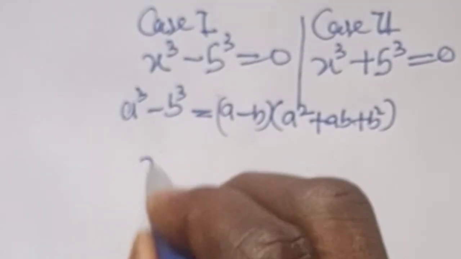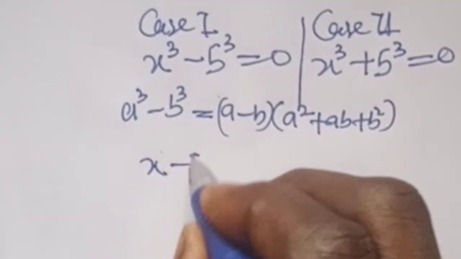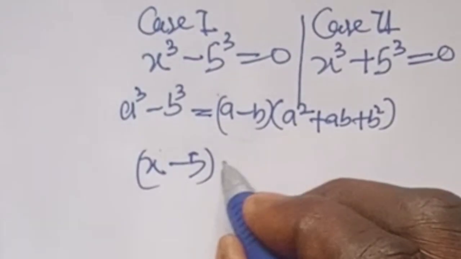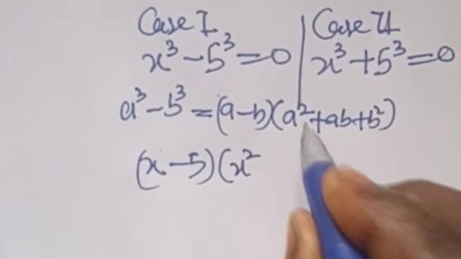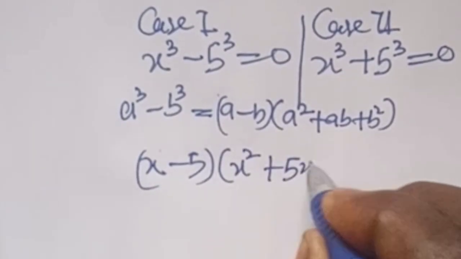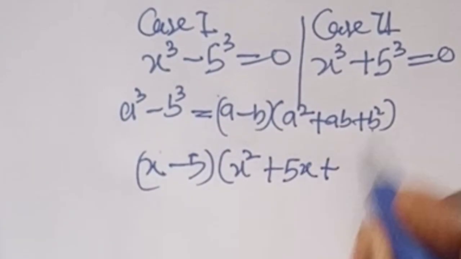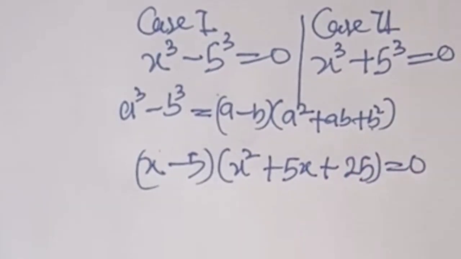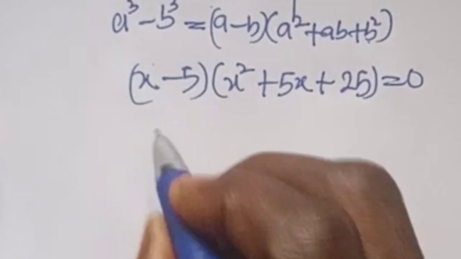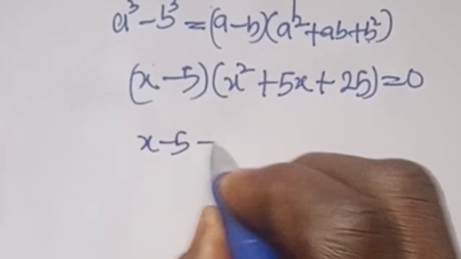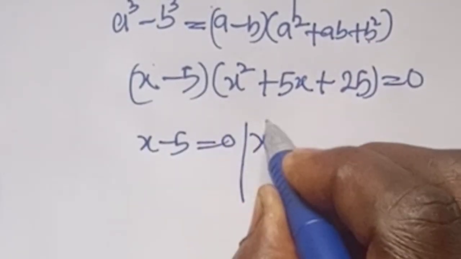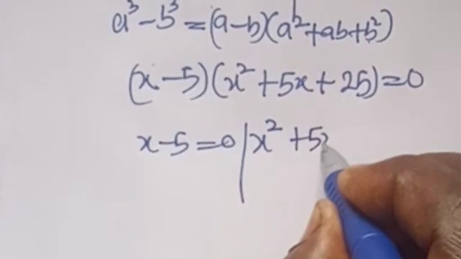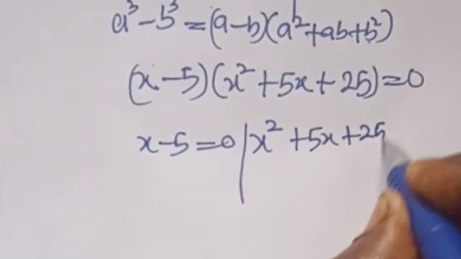So the next line becomes x minus 5 into x to the power of 2 plus 5x plus 5 to the power of 2, which is 25, equals 0. So we can say either x minus 5 equals 0, or x to the power of 2 plus 5x plus 25 equals 0.